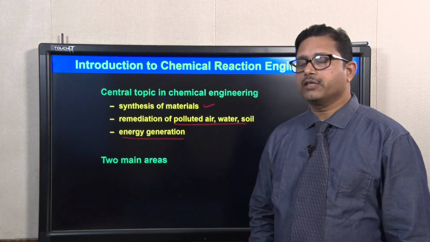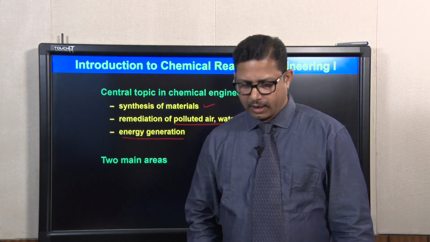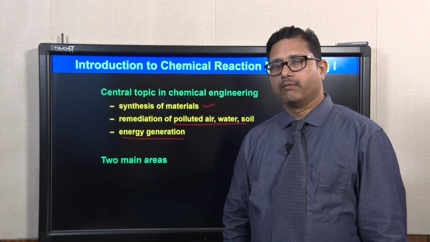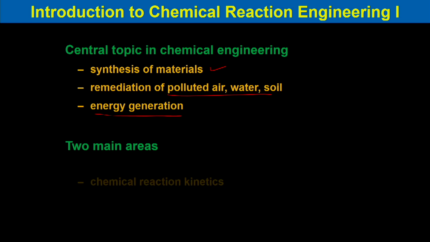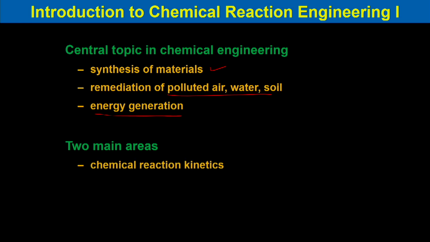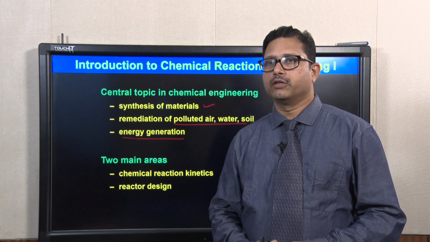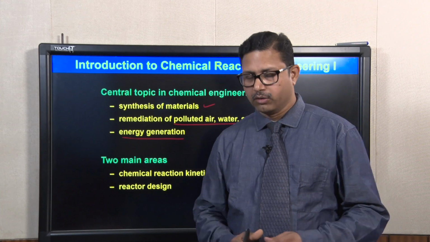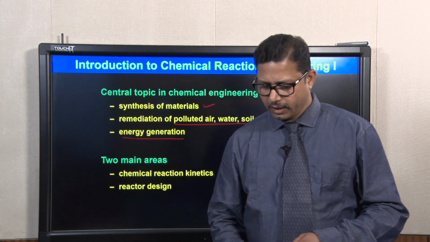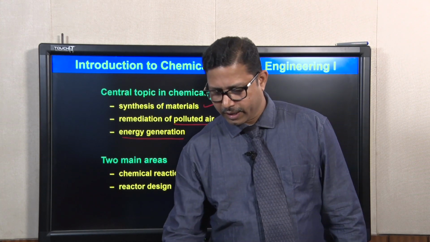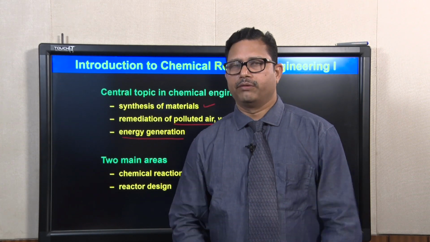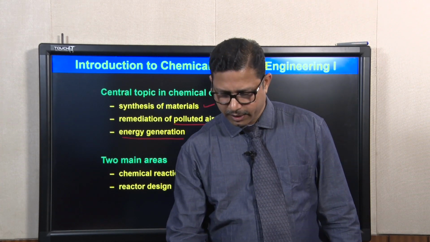The two main areas we will consider in chemical reaction engineering are chemical kinetics and reactor design. So, in the first part of this module, we will consider chemical reaction kinetics, and in the later part we will consider reactor design.